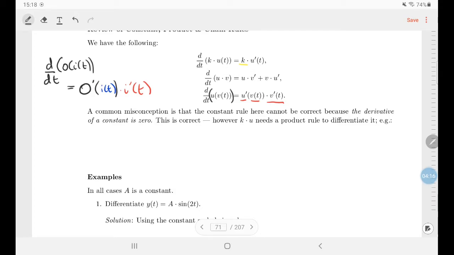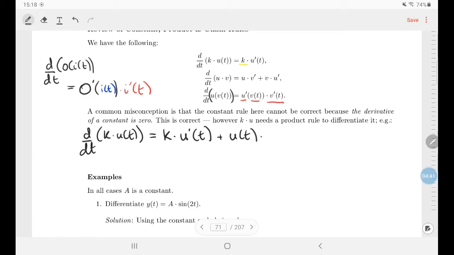If you want to differentiate a constant times a function u of t, you can decide it's a constant function k and just do the product rule: the first thing times the derivative of the second thing, plus the second thing times the derivative of the first thing.